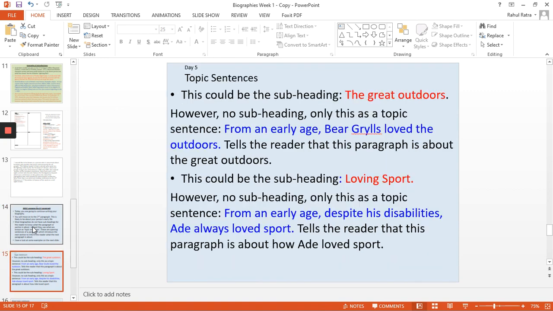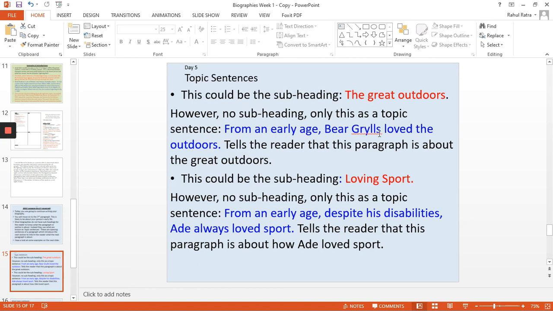There are a few examples for you here. So, for example, you've got a subheading called The Great Outdoors, where you want to write about the great outdoors this person loved. But we've changed that to a topic sentence by saying, from an early age, Bear Grylls loved the outdoors. So that comes out as a sentence now.